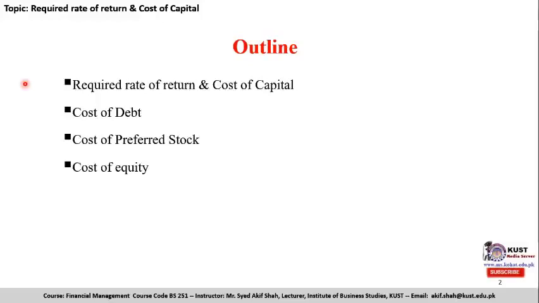So when a company is looking to invest its precious money in prospective projects or proposals, then it has to look at the required rate of return of that investment opportunity. We'll have to compare it with the cost of capital. These three are the main resources: debt financing, preferred stock, and common equity to generate the capital required for investment purposes.